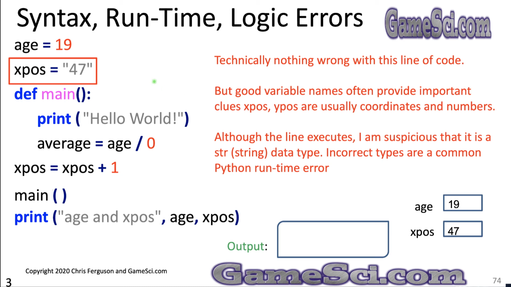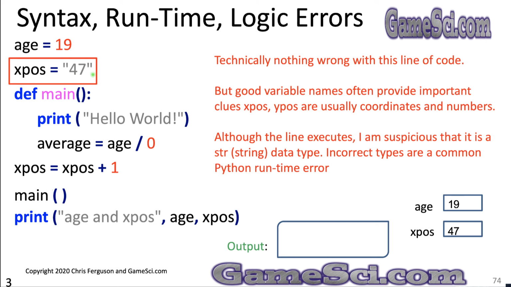Technically, there's nothing wrong with this line of code. But good variable names often provide important clues. x_position, y_position are usually coordinates and numbers. I'm a little leery of these double quotes right here. x_position to me should be a number. x coordinate 0, x coordinate 10, x coordinate 20. It should be a number.